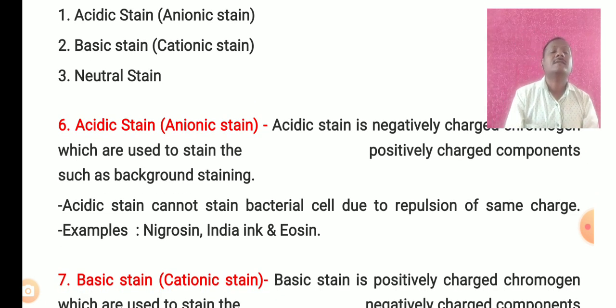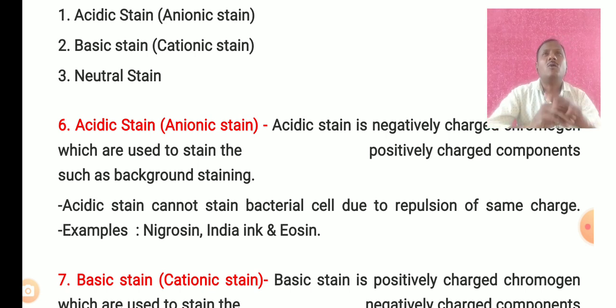What is meant by acidic stain? Acidic stain is also called an anionic stain because an acidic stain contains negatively charged chromogens and can generally stain positively charged components such as the background. Why?